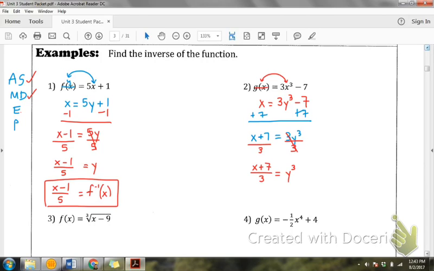Now we have to get that cube off there. How did we get squares off there? Remember when we did like the x squared problem and we had to get x by itself, Mitchell? You square root it, right? But we square rooted it because it was a 2. So because this is a 3, we're going to do what's called cube rooting. Okay, it sounds really fancy.